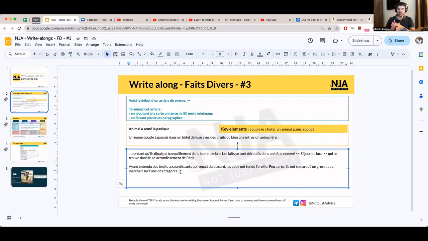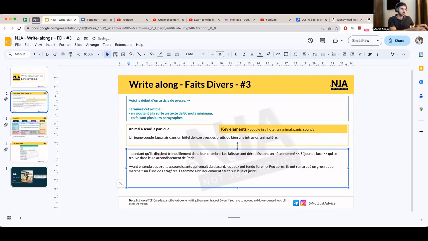Given that they now observe this fat rat walking on one of the shelves of the placard, what is the natural reaction of people? It's to get to some place to just sit. So let's say la femme, let's describe the woman, that she did: a brusquement sauté sur le lit.